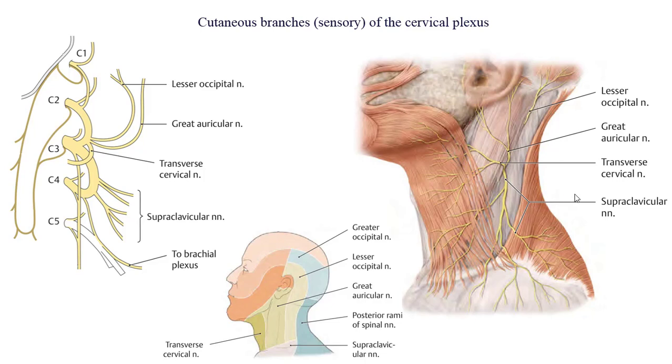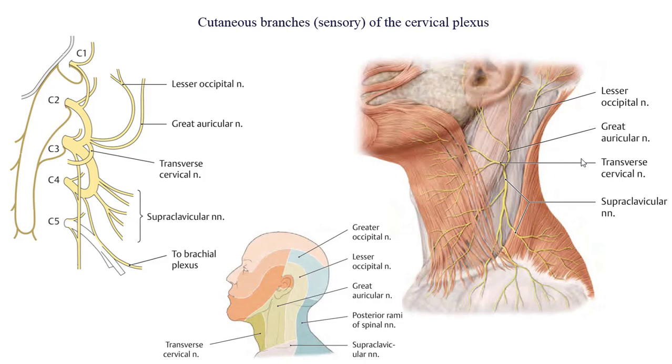The supraclavicular nerves are other sensory branches of the cervical plexus. They arise from the loop between the third cervical spinal nerve and the fourth cervical spinal nerve as a common trunk under the cover of the sternocleidomastoid. The supraclavicular nerves are cutaneous branches that fan out around the shoulder and clavicular regions.